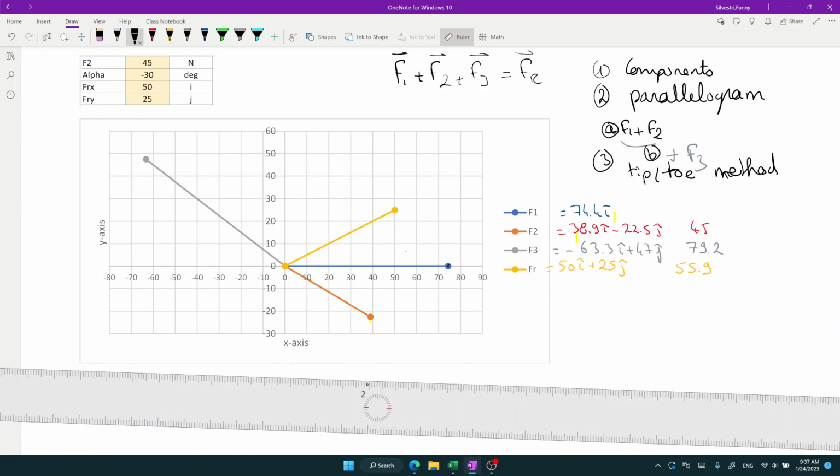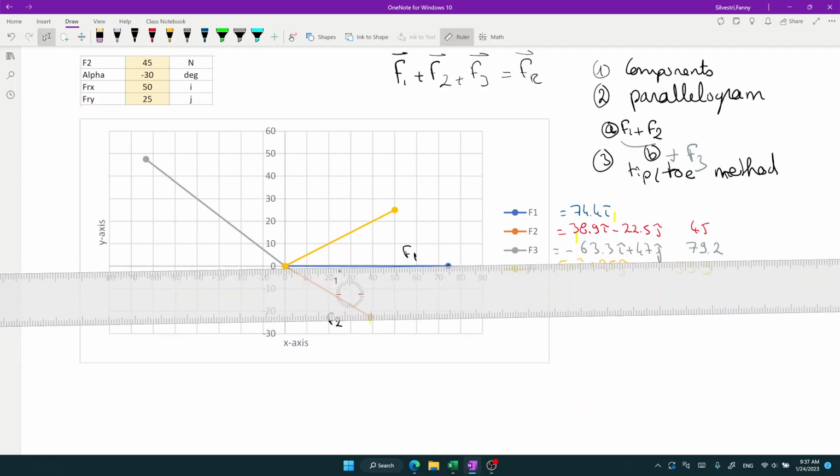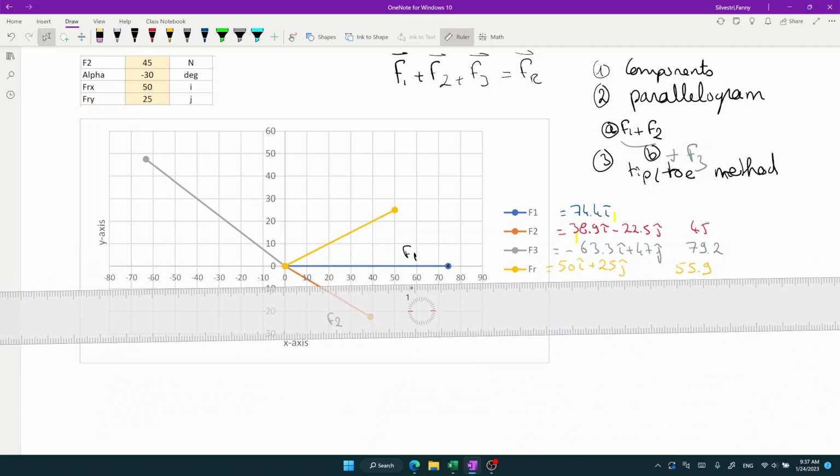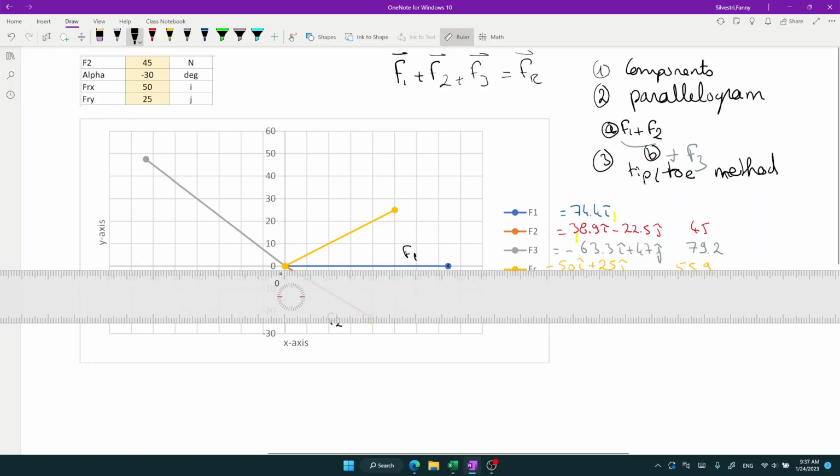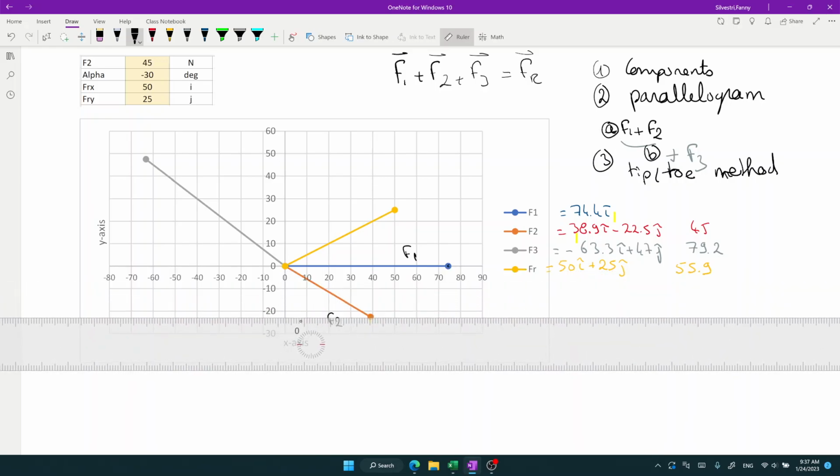So we have f1 plus f2. What you do is you take the vector f1, let's make it straight. So your vector f1, you see the distance for me, it will be 1, 2, 3, 4, 5, a little bit more than 6.3 centimeters. So I draw the vector f1 and I use the same length.